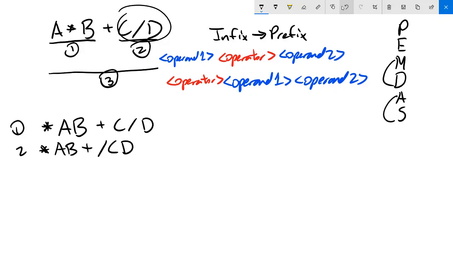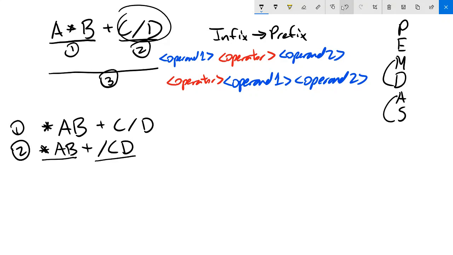Awesome, I'm almost done with this first problem. So let's do our final step. After I've multiplied and after I've divided, what is the last step in my problem? I just need to add the result of the multiplication with the result of the division.